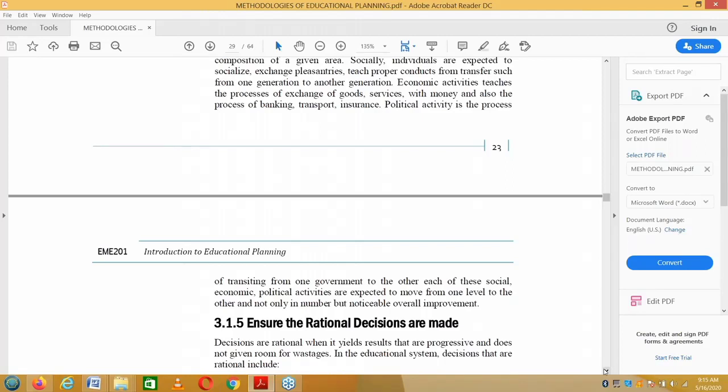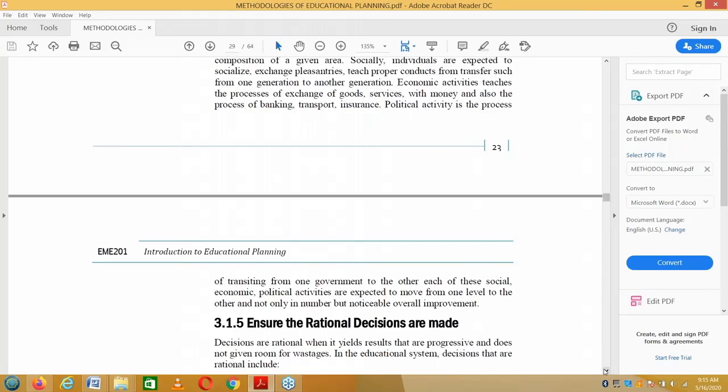The socio-economic and political enhancement, growth, and development is one of the objectives of educational planning, which talks about how these social, economic, and political achievements can be transmitted from one government to the other, as the activities are expected to move from one level to the other level, and not only in numbers alone.